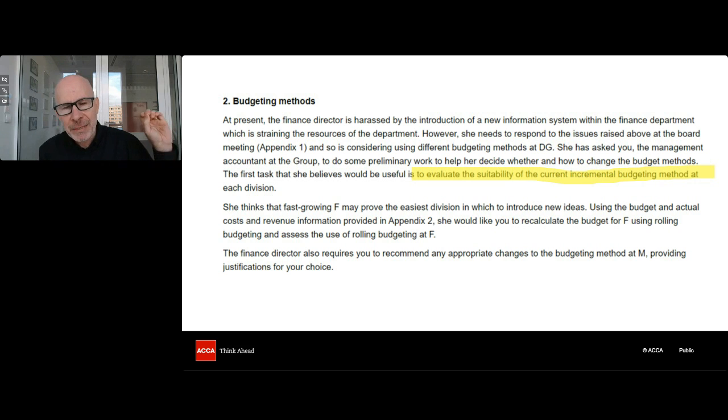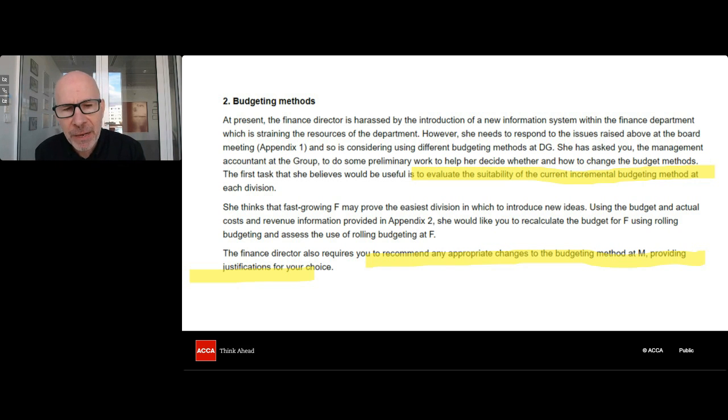So right away, you know you need a structure: pros, cons, overall. I'm already getting ahead of myself. Then in the other exhibit, you need to recommend what changes should happen.